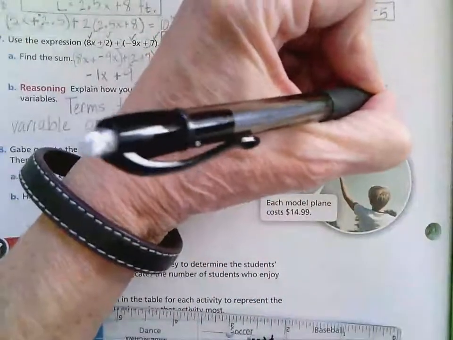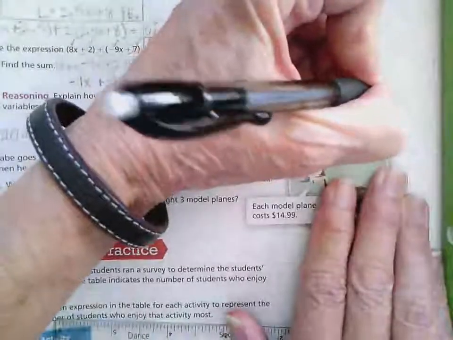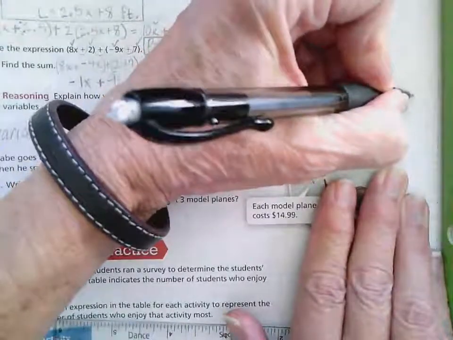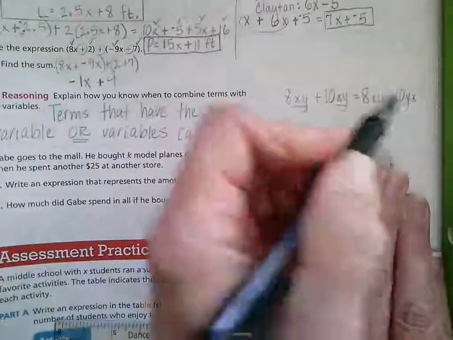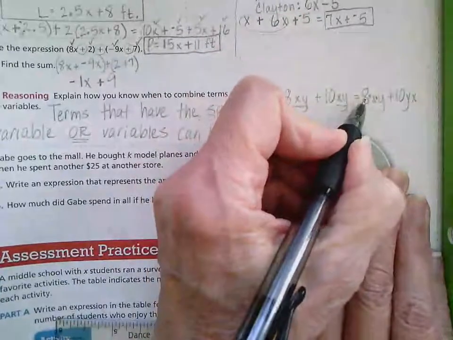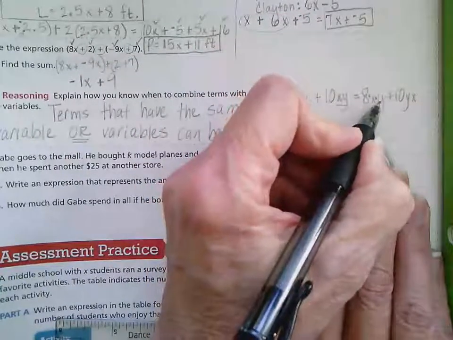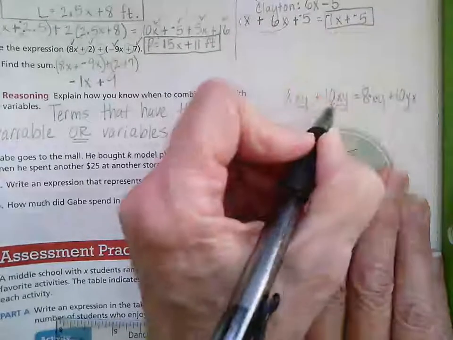This is the same as 8xy plus 10yx, but you're hardly ever going to see this written that way because these are just multiplication problems. 8 times x times y plus 10 times y times x.